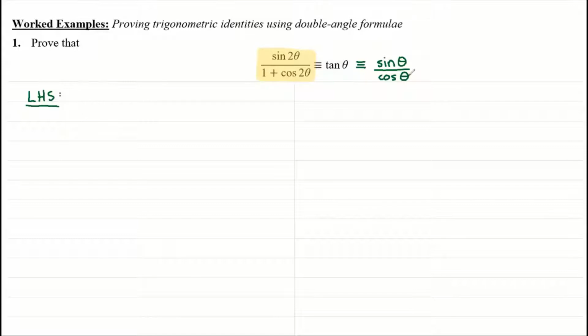Well, we also have some other things in our toolkit, don't we? I've used an identity already from year 1, just to preempt what might happen as we embark on this proof. But we also know that we have an identity for sine 2 theta. Now, we've just seen this. You've just derived it yourselves. It's 2 sine theta cos theta.